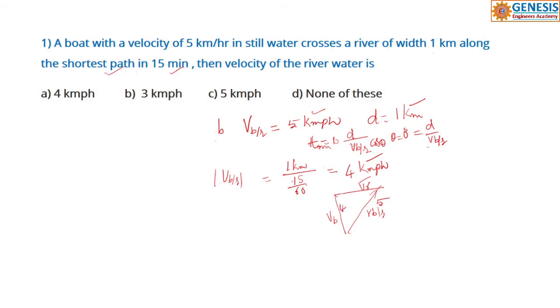You make use of this because they are at right angles, and you can find VB square plus VR square is equal to the magnitude of VBR square. So from this VR is equal to 25 minus 16, which is 9, under root, it is 3 kilometers per hour. So you have to find out like that.